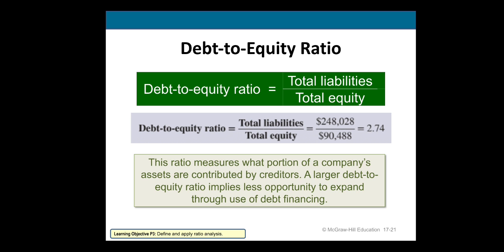So if the debt to equity ratio is a big number, then it shows that the business has already borrowed a lot or has high liabilities. So in the future, it is difficult for the business to borrow more to finance its operation. That is the way to interpret the ratio.